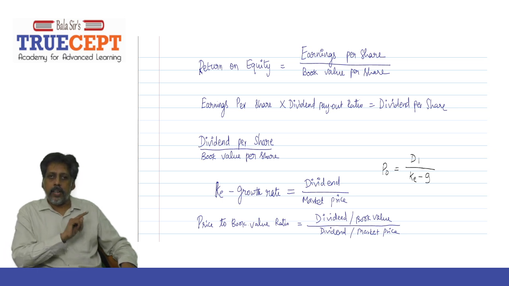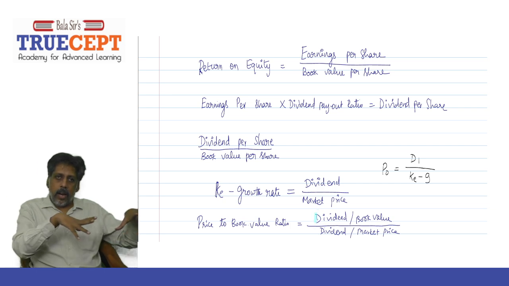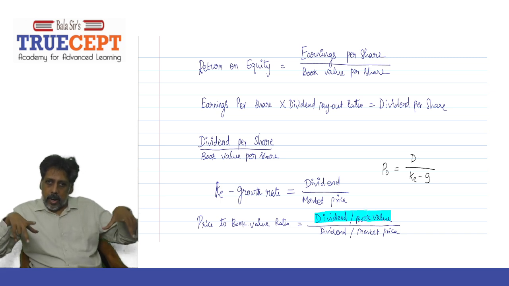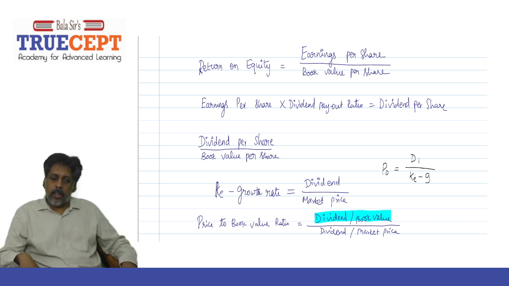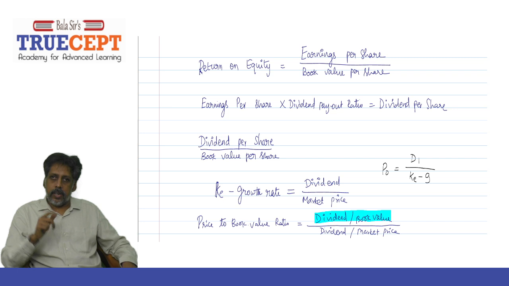Back to this finally. Just see the equation. Numerator, we got dividend by book value. How did we get that? I took the return on equity into dividend payout ratio, which is as good as dividend per share by book value per share. Look at the denominator.